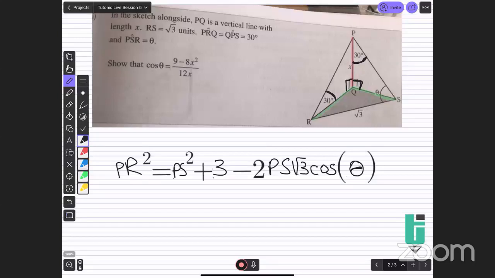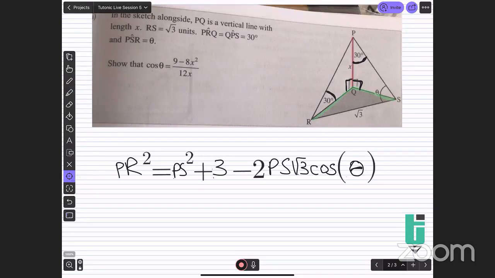So what do you do now, Akhlaq? You swap the PS with sine 30 degrees equals x over p. So x over sine 30.